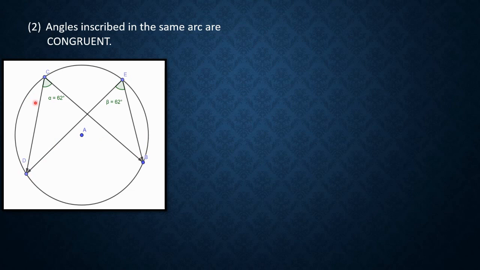Both of the arcs are the same. So both of these angles are inscribed in the same arc. The corollary states angles that are inscribed in the same arc will be congruent. So if angle DCB is 62 degree, angle DEB will also be 62.